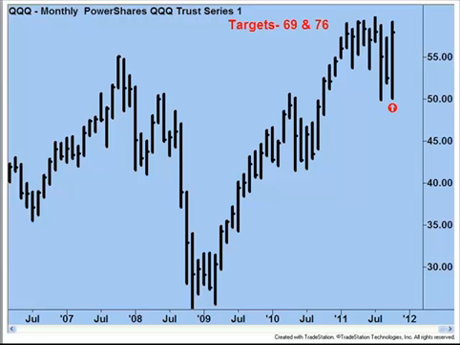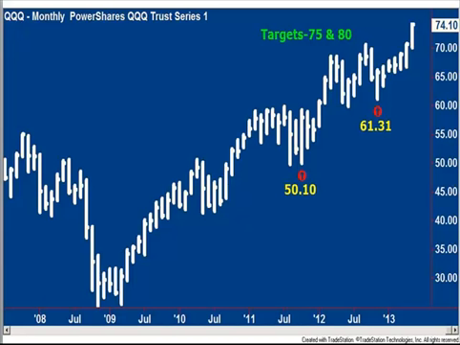If the QQQ pulls back and makes a higher low bottom, we think it could really take off. As you can see, the next upside targets are 69 and 76. Well, the QQQ made a good initial push off of the October 2011 low, but it couldn't sustain the move. It didn't turn out to be the strongest index, but it has caught up very well.